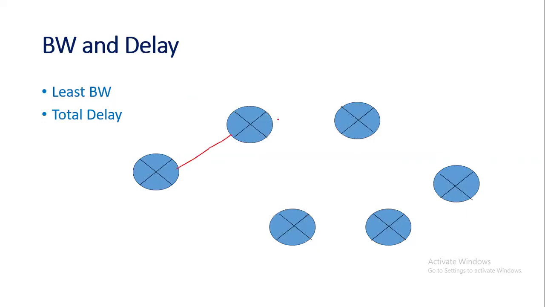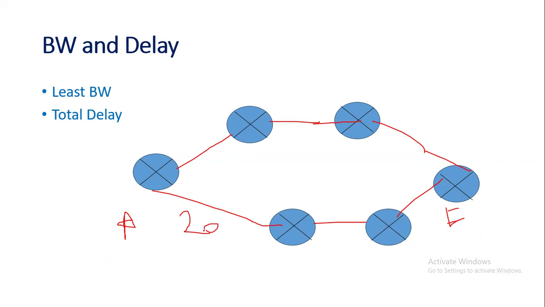I have these routers configured with EIGRP between them, and I want to go from router A to E. Let's take the delay as 2000 on each link.